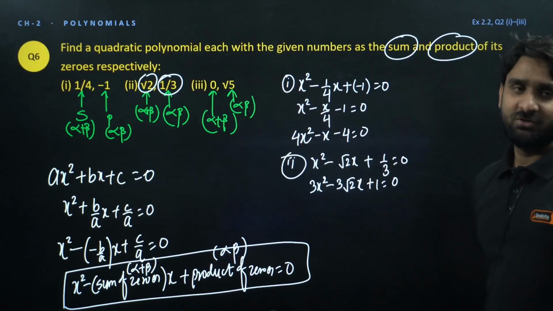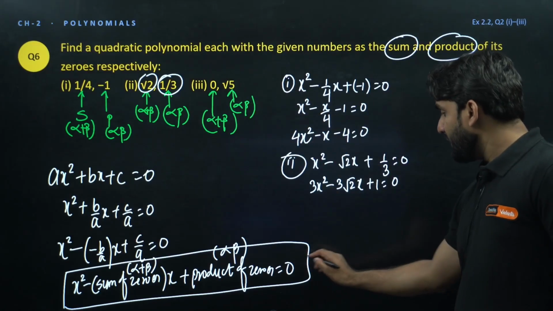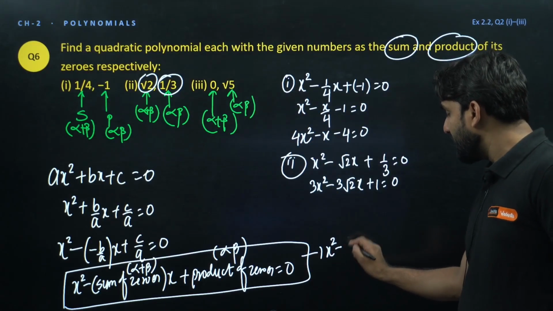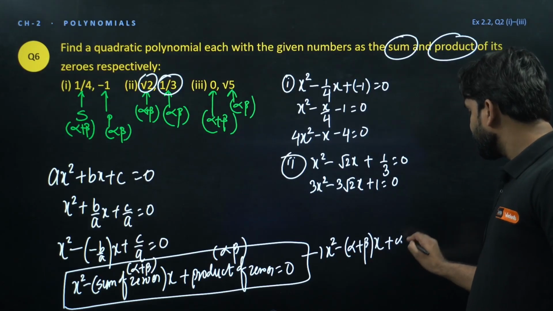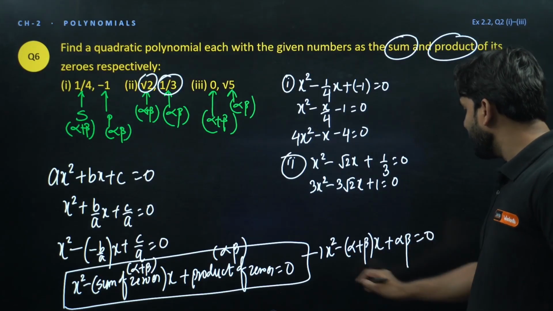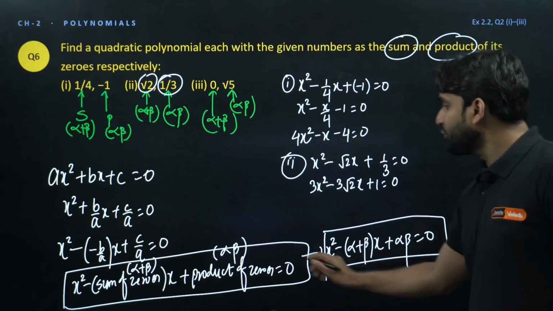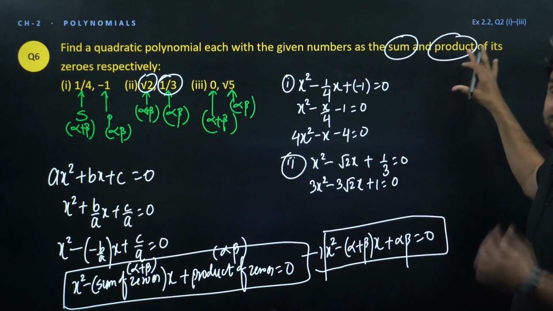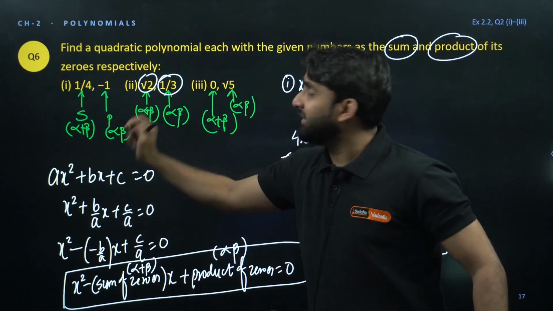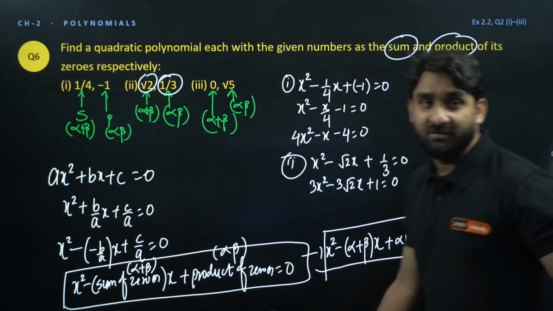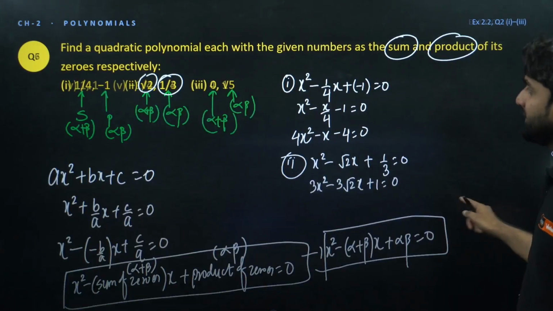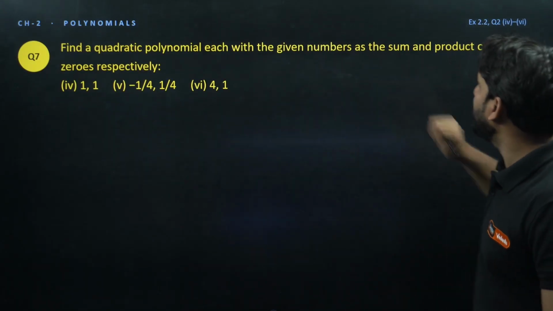Similarly, we can find out this. So this is very important. Let me write this formula again. x square minus, it can also be expressed like this. Everyone, I hope this is clear to you all. So to solve such questions, make sure to read the question carefully, whether alpha, beta are given, or whether directly sum and directly product are given. So please make sure to focus on that also. Moving ahead. Okay, so look at the question.